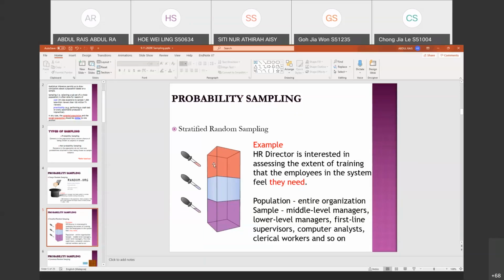Misalnya kita nak kaji contoh apa training kompetensi yang diperlukan oleh top managers, middle managers dan juga service crew. Okay, dan training yang diperlukan untuk setiap grup tu mungkin berbeza, dan soalan yang akan ditanya pun akan berbeza ikut level of employment, okay, ataupun taraf jawatan.